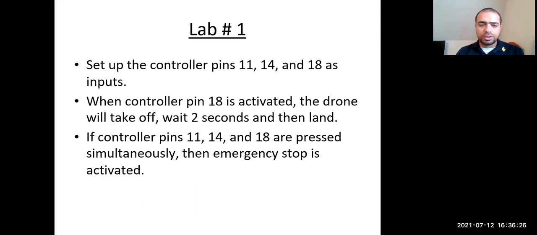So again, when pin number 18 is activated, the drone will take off. It will wait for 2 seconds and then land. If at any time pins 11, 14, and 18 are pressed simultaneously, then emergency stop is activated.